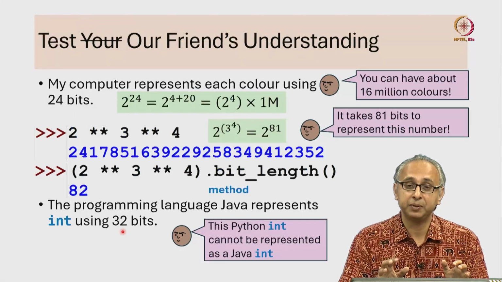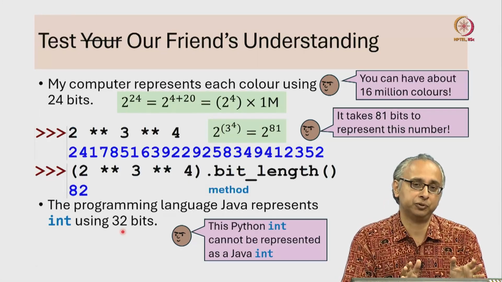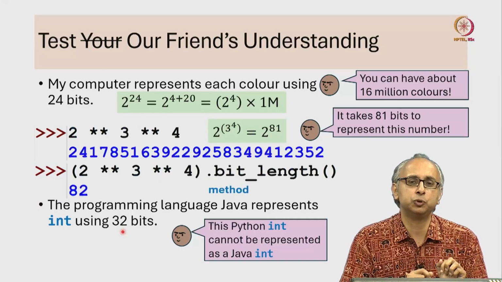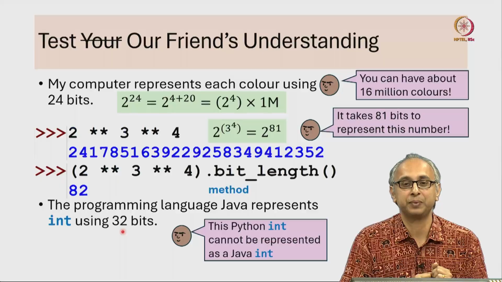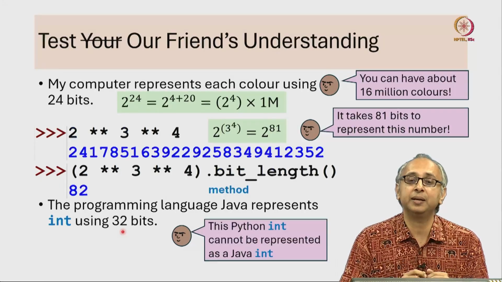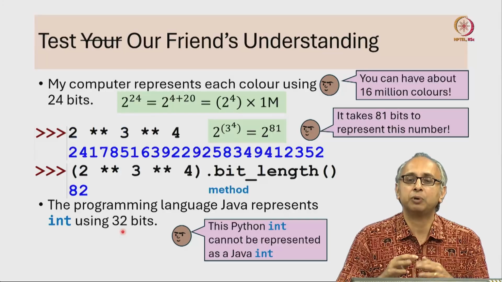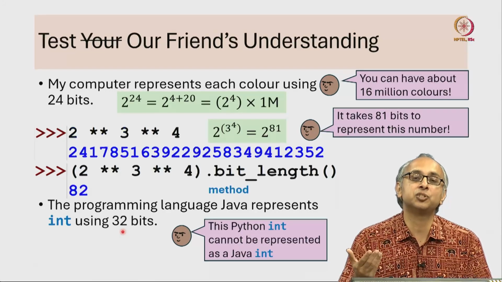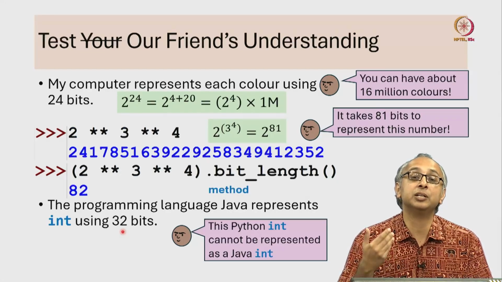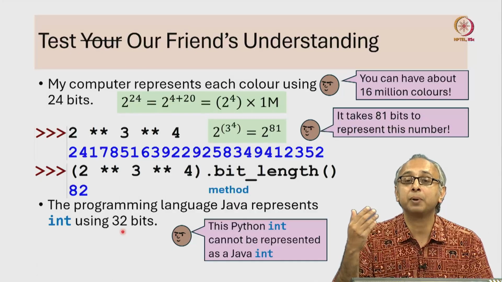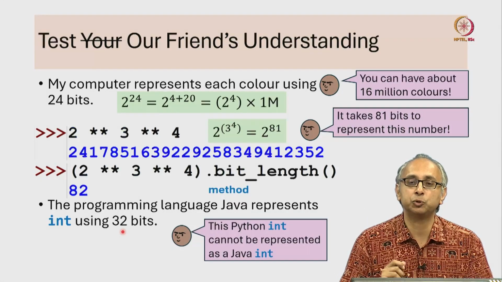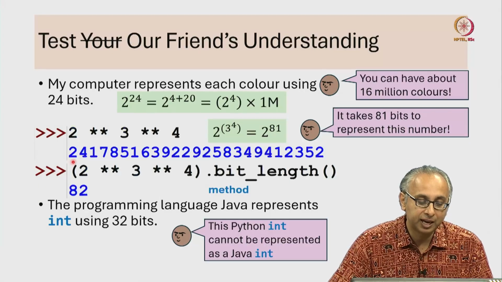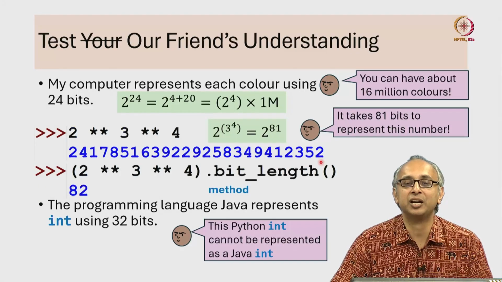Now it turns out that exactly half of those integers, roughly 2 billion, represent negative integers, and the remaining represent non-negative integers. So roughly speaking, the biggest integer that you can represent in Java is plus 2 billion, and the smallest one is roughly minus 2 billion. Java cannot represent such a large integer.